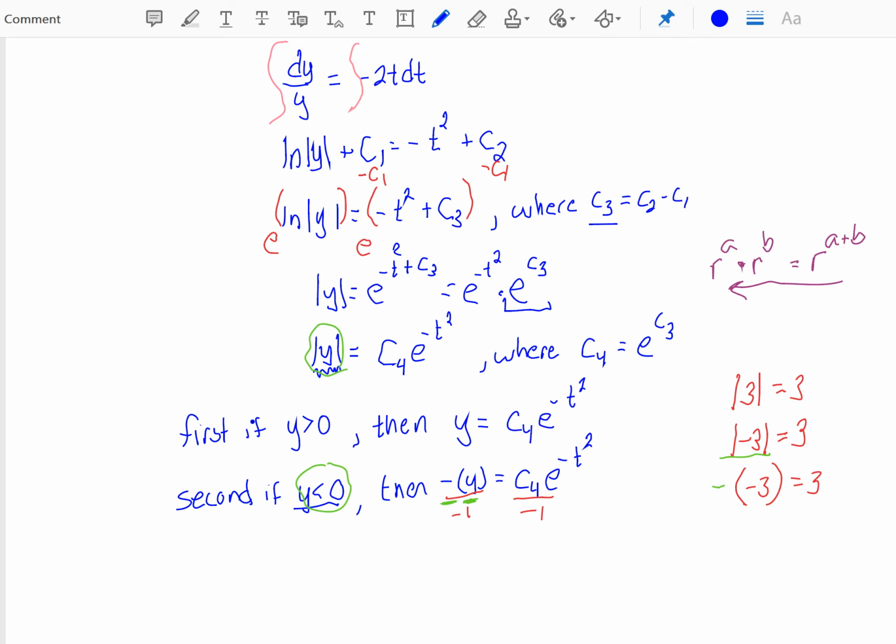And simplify. This would give us y equals, well, I don't want to write c4 divided by negative 1. Let's actually just call this c5 e to the negative t squared, where c5 is really the negative of c4.